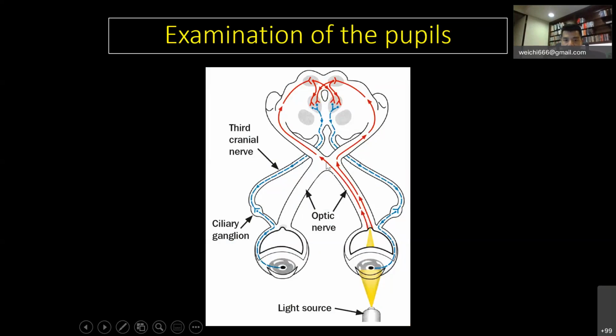So our optic nerve sends fibers, sends this signal, not only to the ipsilateral side, but also to the contralateral part of the brain. Then the visual cortex, I told you that we process the signal at our visual cortex, which is at the occipital lobe. It would send the signal to our third cranial nerve.